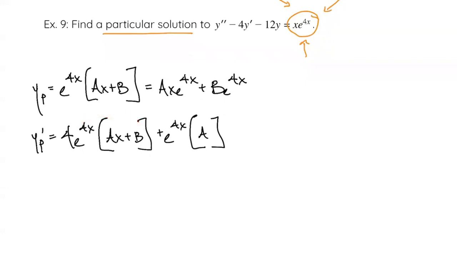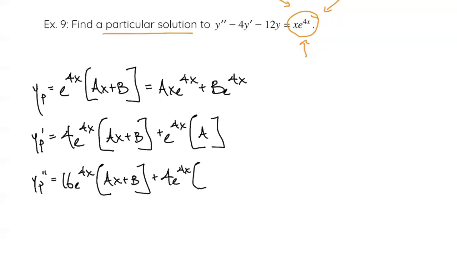I'm going to use product rule one more time. So I'll get 16e to the 4x times ax plus b, plus 4e to the 4x times a, plus 4a e to the 4x.